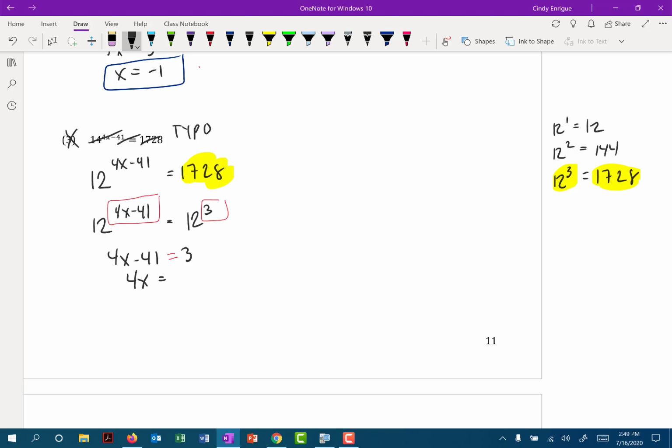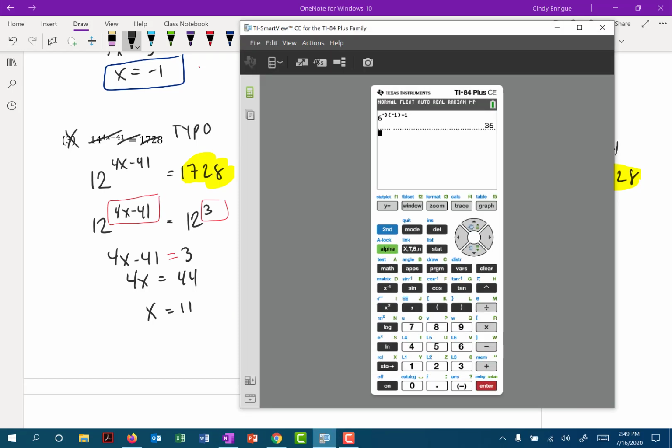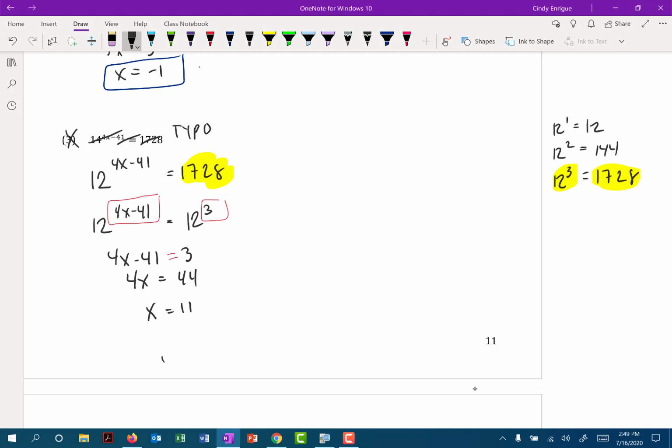So 41 plus 3 gives me 44. So x is equal to 11. So when I have this on my calculator, 12 to the power of 4 times 11 minus 41, it should equal that 1728. And it does. So I know that x is equal to 11 is going to be my final answer.